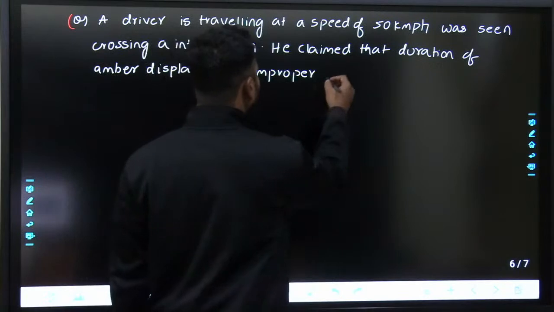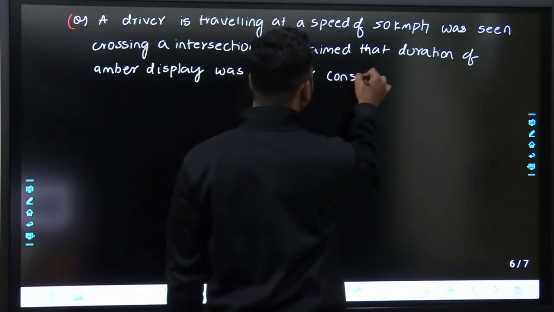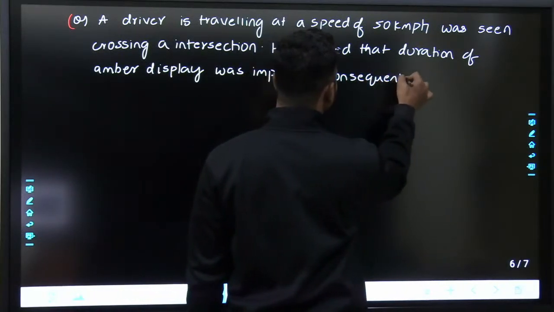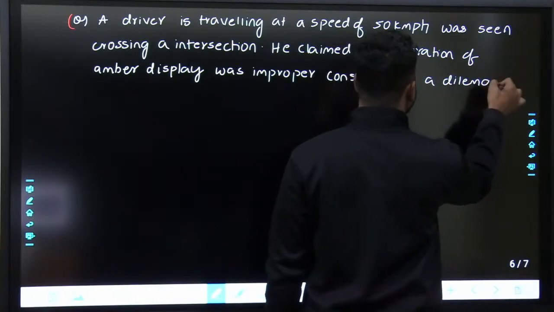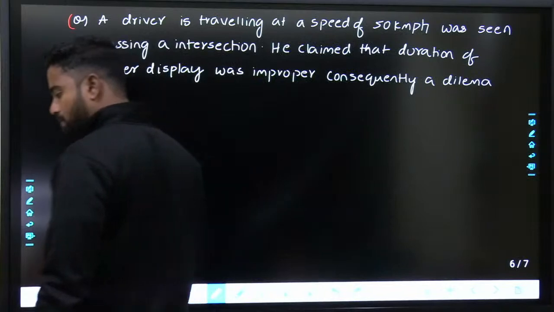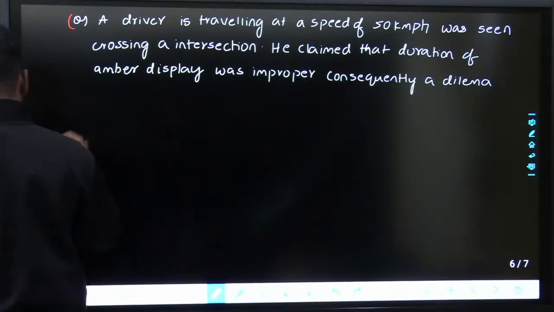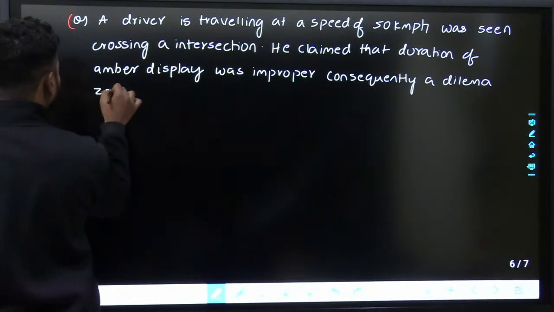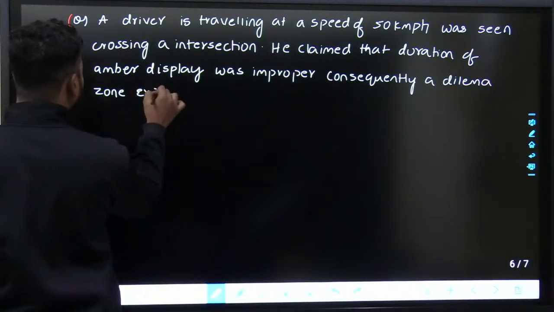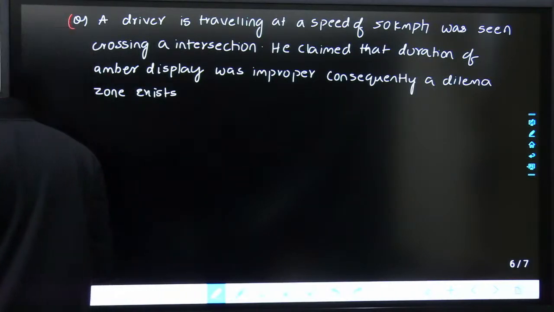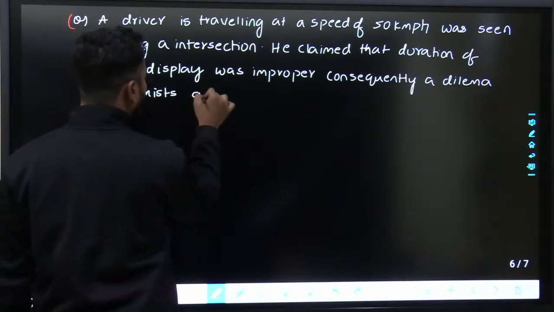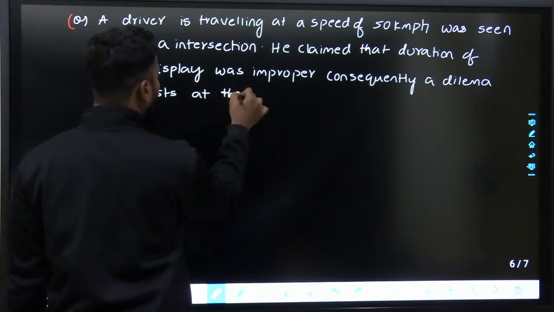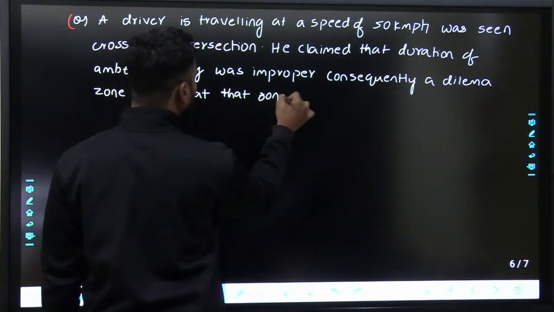Consequently, a dilemma zone exists at that zone.